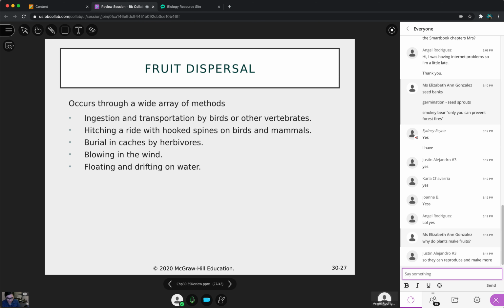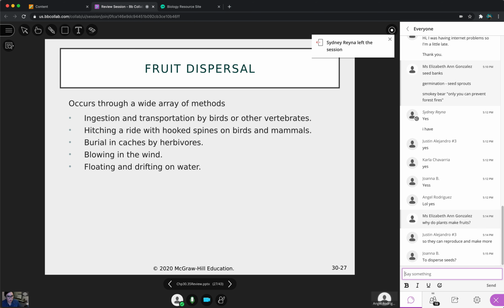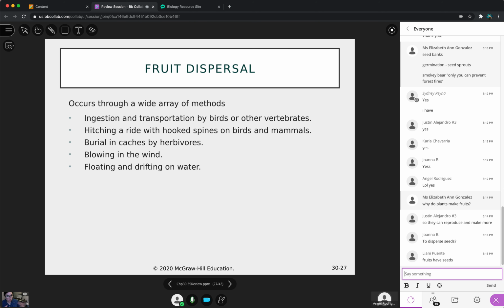Okay, very good. So it's so that they can pass their genetics on. They're a tree or a plant, they cannot move. So they have figured out a way to have their genes move without them actually moving. One way is that they can make a fruit, and then they will attract somebody to come. They'll make it really pretty, smell really good.